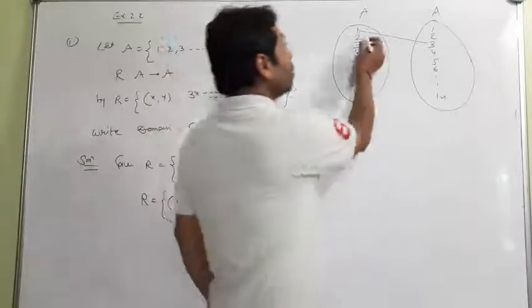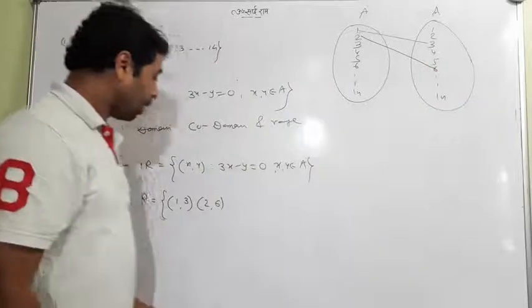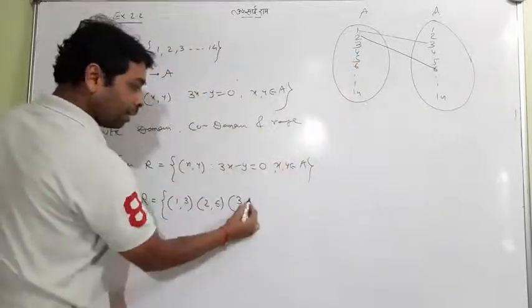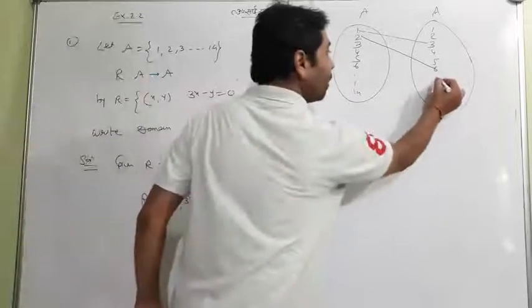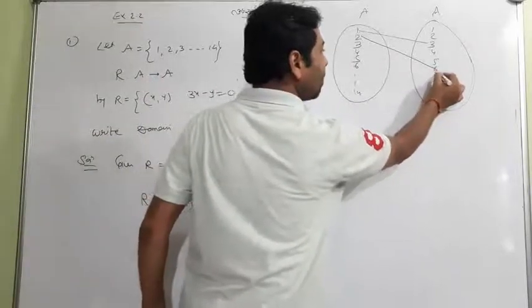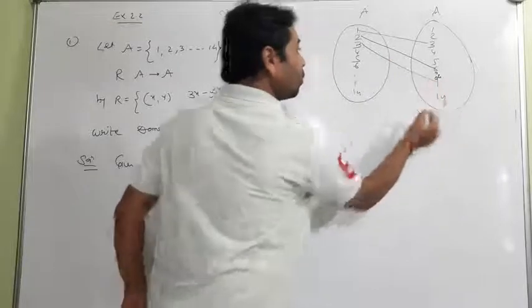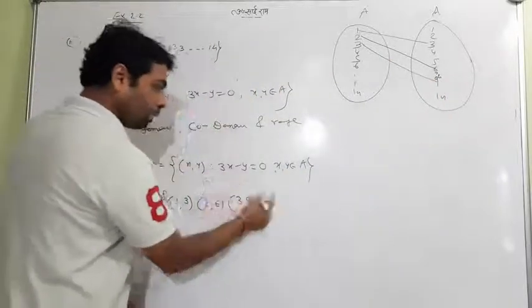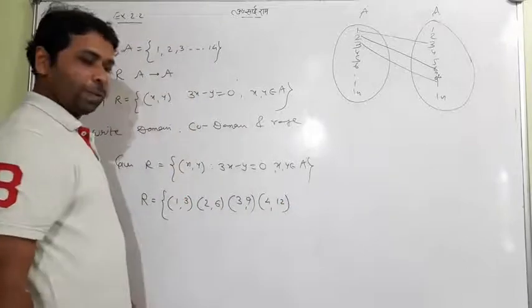Now look here, 2 has the image 6. When you put X equal to 3, 3 threes are 9, so the image of 3 is 9. When I go to 4, 4 threes are 12, which is good.